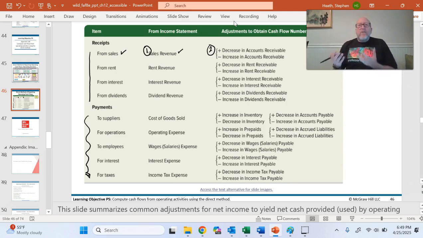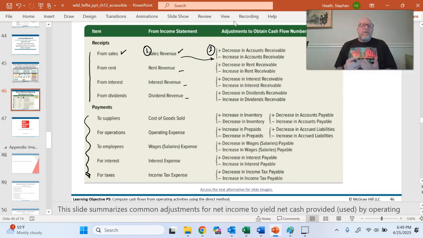And then the opposite's true. If there is an increase in my accounts receivable, then it means some of the sales that I made this period were made on account. And if I'm making sales on account, that's not cash. So I would have to subtract any increases in accounts receivable from sales revenue in order to determine cash provided from sales. Okay? Rent, interest revenue, and dividend revenue are all going to be the same concept.